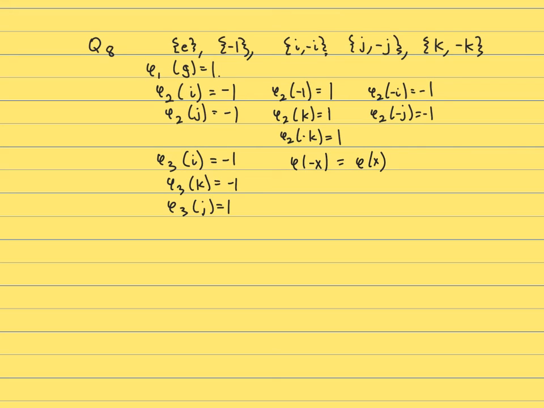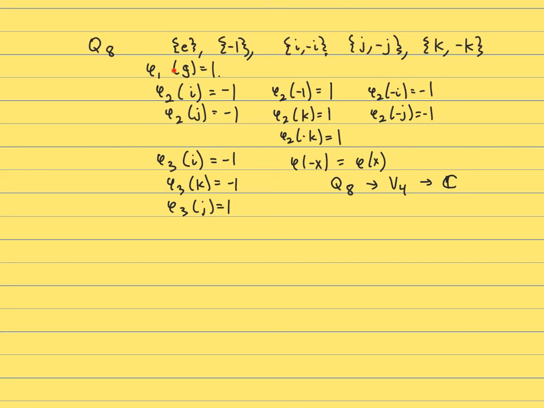In some sense, what we're doing here is we're taking Q8 and we're sending it to the Klein 4 group. And then we're looking at representations of the Klein 4 group instead. And there are 4 representations of the Klein 4 group.